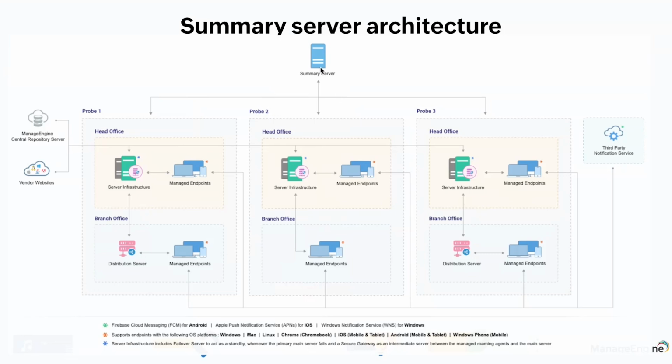This is why we provide you probes where you can build an Endpoint Central server for each site, and then configure a summary server on top of it. You can access the summary server to view all the details about the different probe services. So in this way, you divide the resources amongst different on-prem setups.